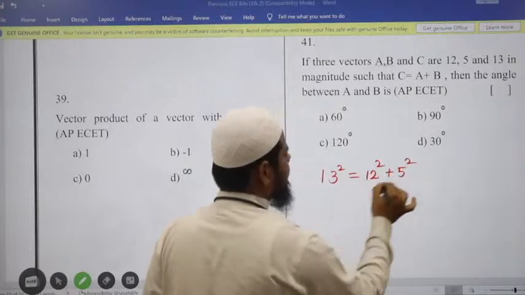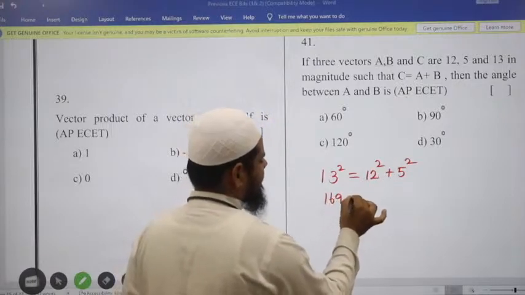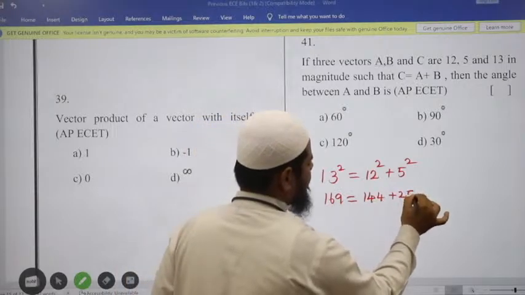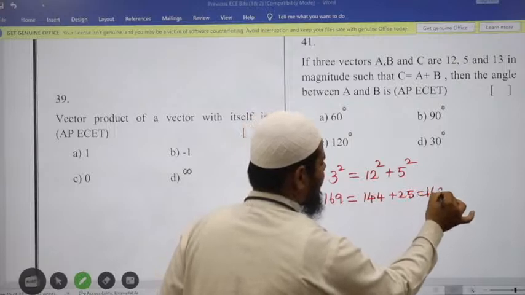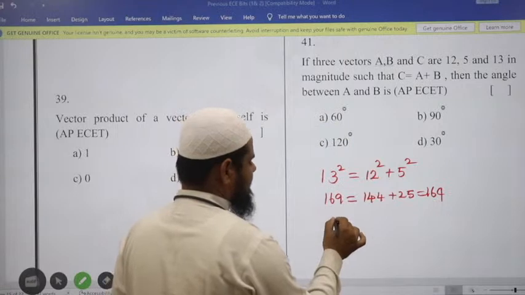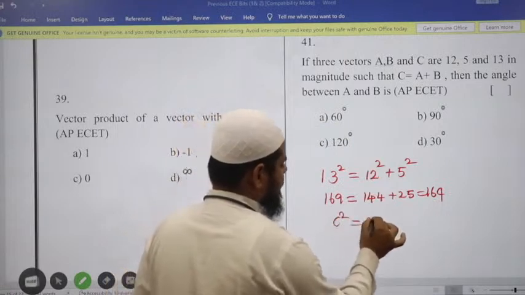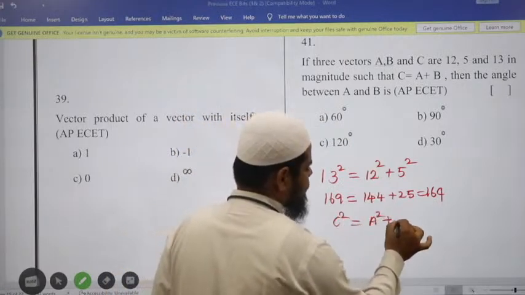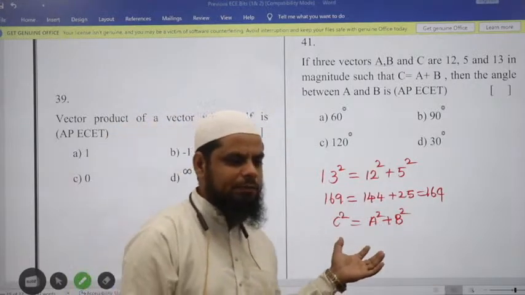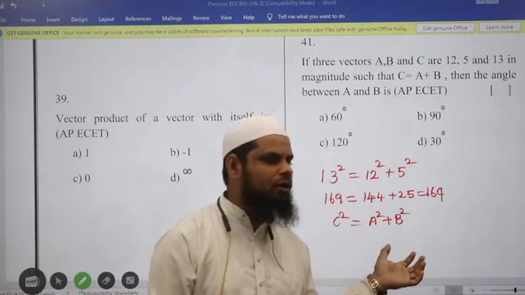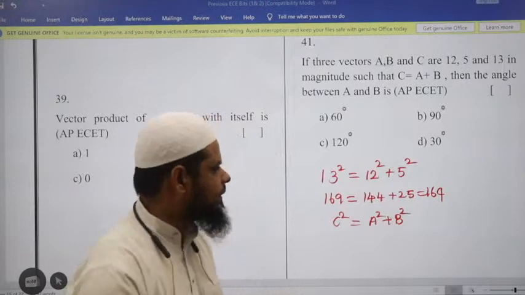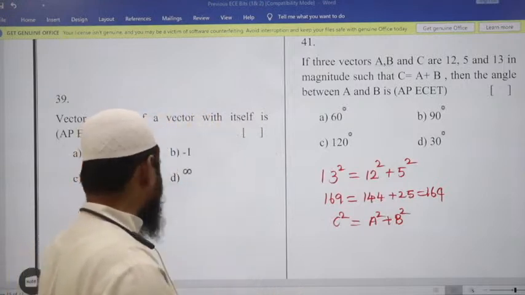Check it out. 169 is equal to 144 plus 25. It is nothing but 169. So C square is equal to A square plus B square. So hypotenuse square is nothing but opposite square plus adjacent square. So we'll go on to option B. Okay. Fine. Next one.